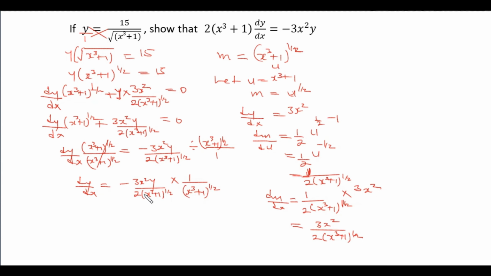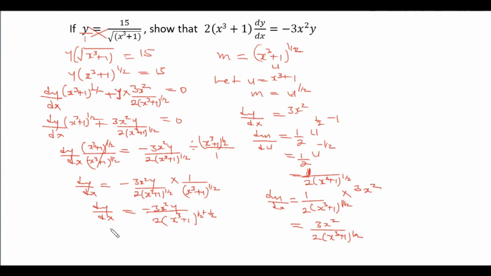From the rules of indices, this x cubed plus 1 and x cubed plus 1 are the same, so we write one of them and add the powers, half plus half, which gives you 1. So dy dx is equal to minus 3x squared y all upon 2 times (x cubed plus 1), where the power becomes 1.